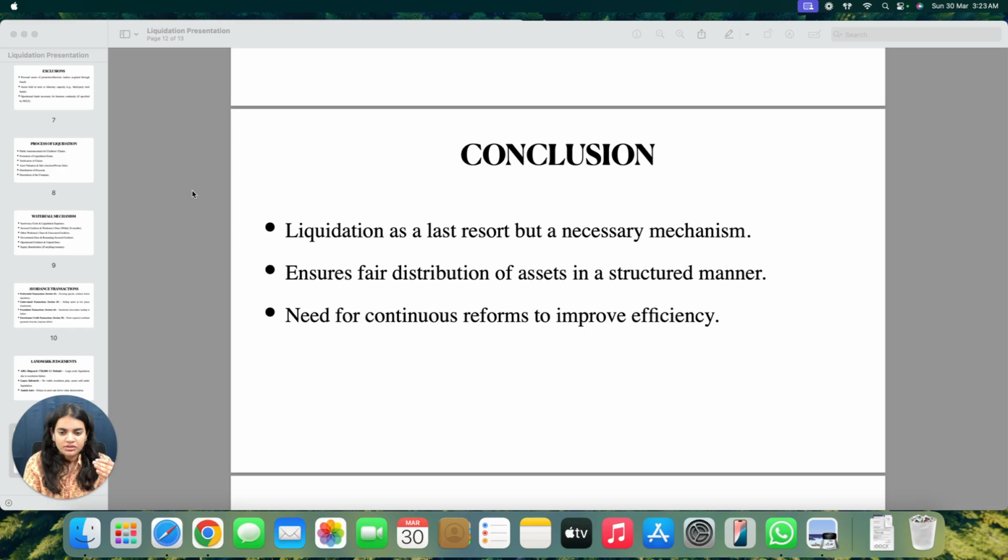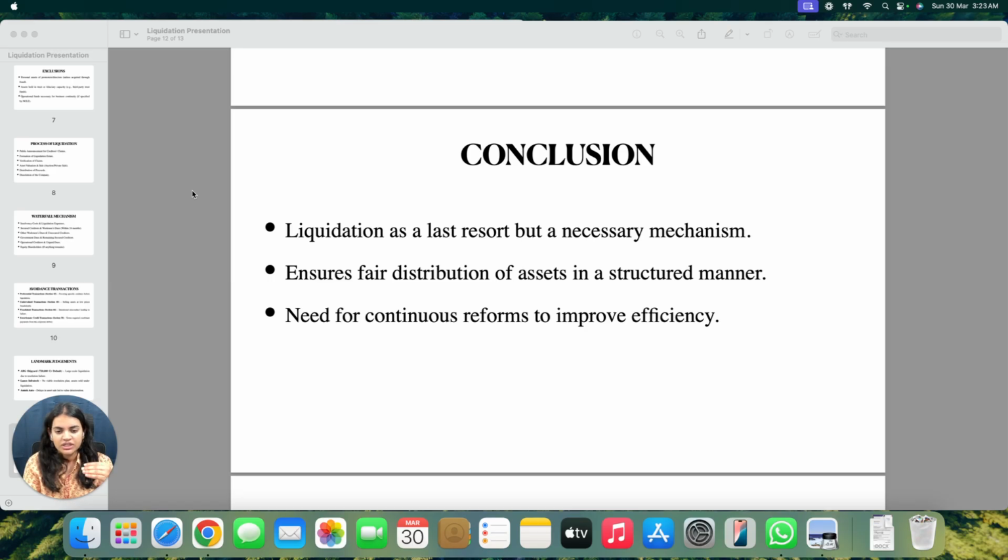We cannot put all our resources into something like that when it has no scope. So liquidation is also just as necessary, but that decision for liquidation has to be taken with due diligence. It ensures fair distribution of assets in a structured manner. As we have seen, the waterfall mechanism provides fair distribution of assets in a particular order of priority as well.